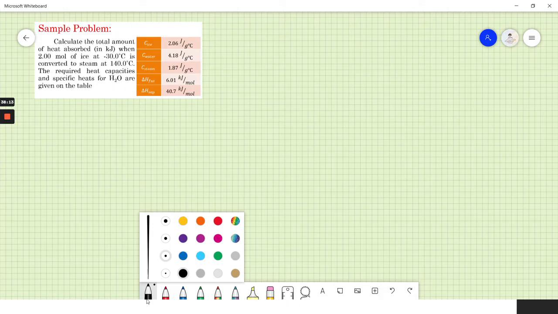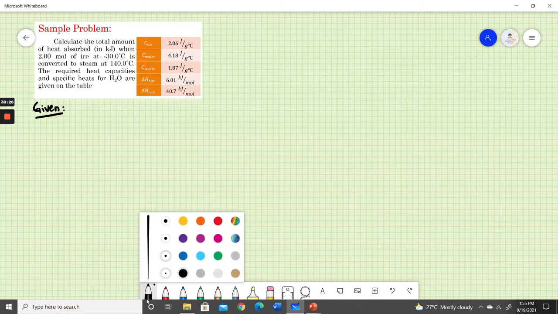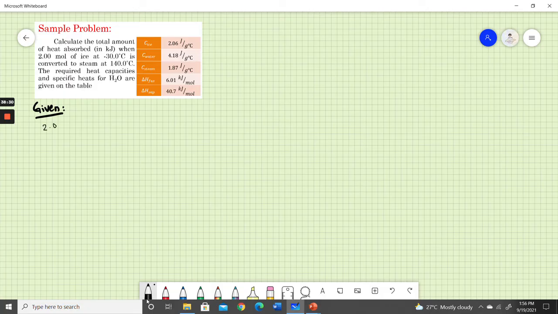So I read the problem earlier. So how are we going to solve this? What we're going to do first is write our givens. The first given is that we have 2.0 moles of ice.